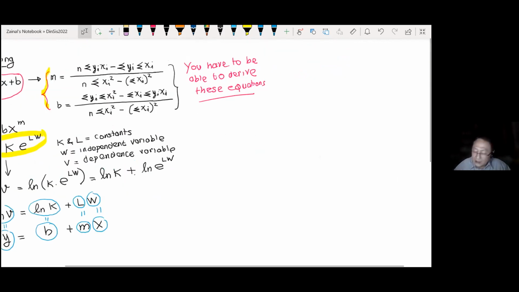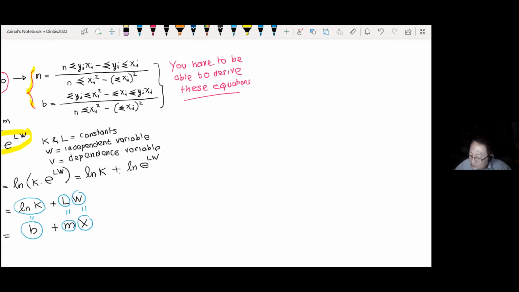Okay, and if you calculate on the table, look, on the table, if you want to calculate the data, this one is i, right?